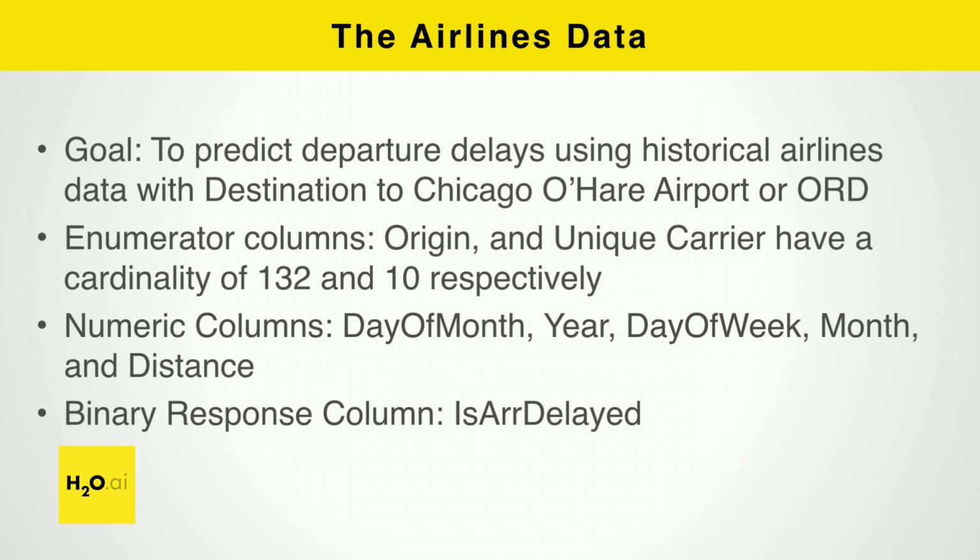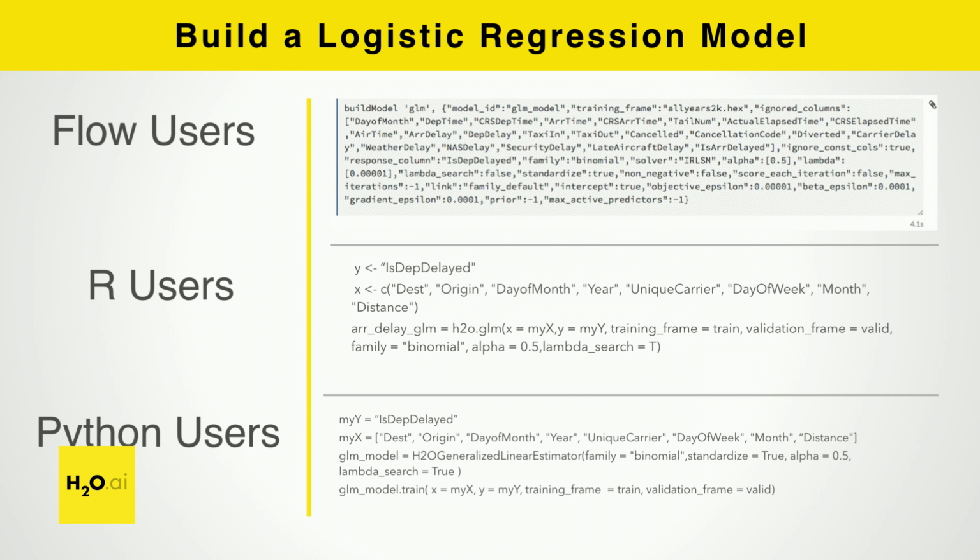Origin and unique carrier have a cardinality of 132 for origin points and 10 different levels for unique carriers. Numeric columns include day of month, year, day of week, month, and distance. So not very many features to predict arrival delay. So I'm just going to go through this in R and Python to show you.